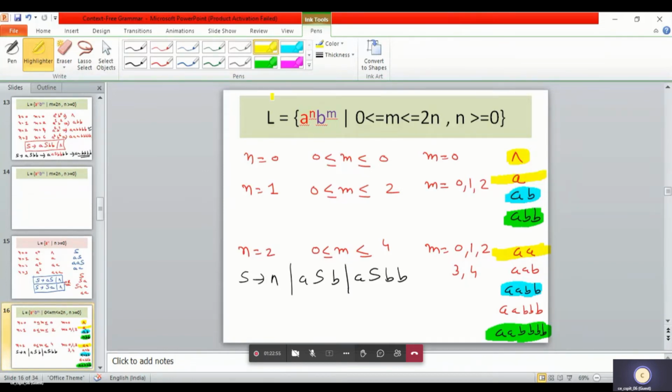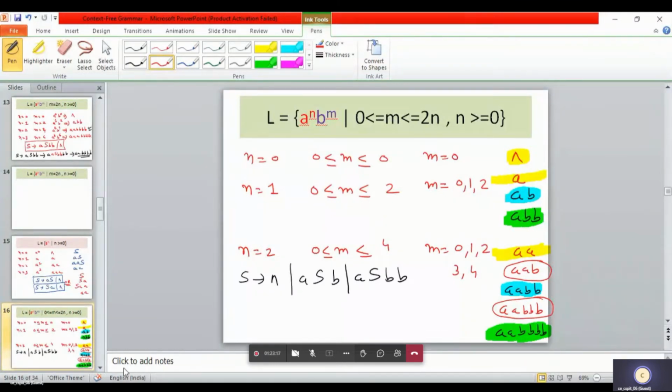And also we have the special cases which we have to handle, that is double A and B, double A and triple B. So this is the remaining thing we have to focus on: we have to generate only A, we have to generate double A B, we have to generate double A triple B.